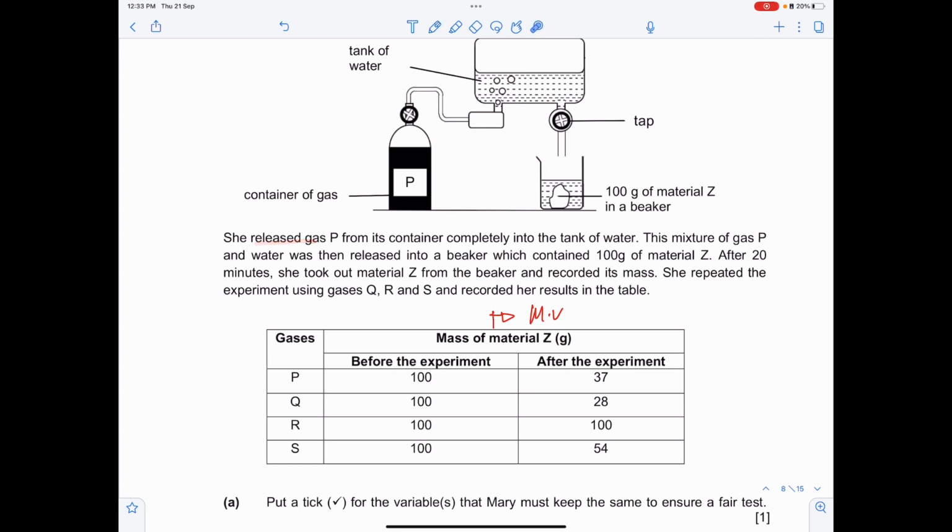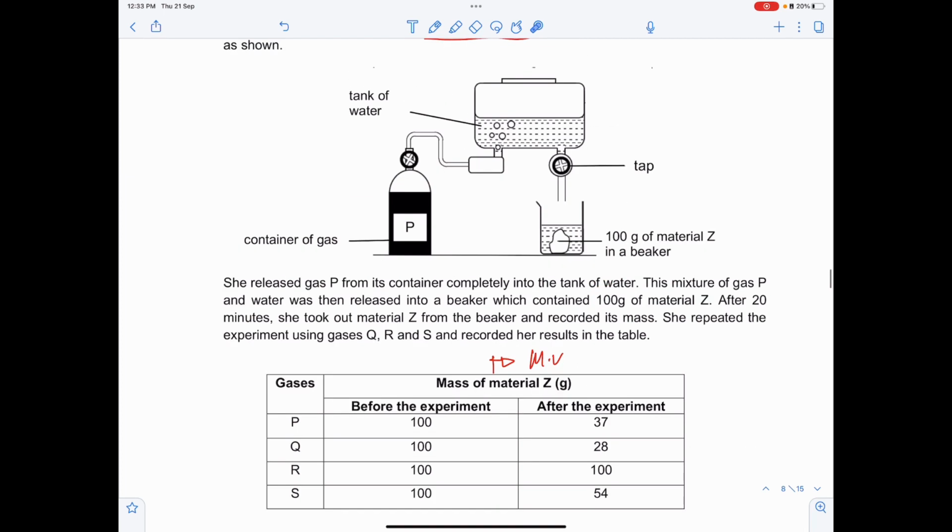She released gas P from its container completely into the tank of water. This mixture of gas P and water was then released into a beaker which contained 100 grams of material Z. So what happened is they bubbled this gas and got it to dissolve into the water.